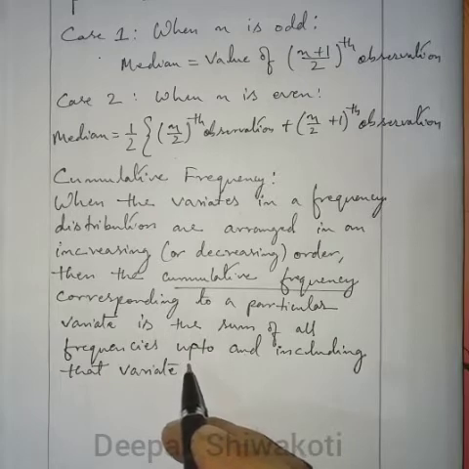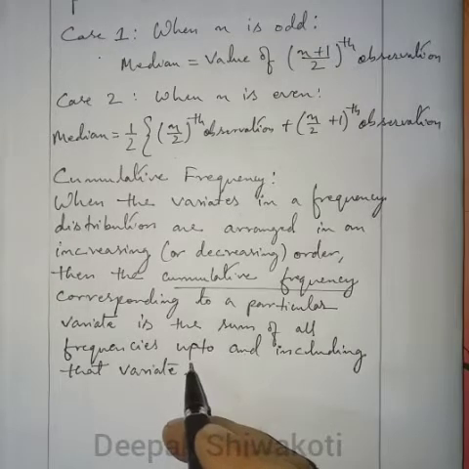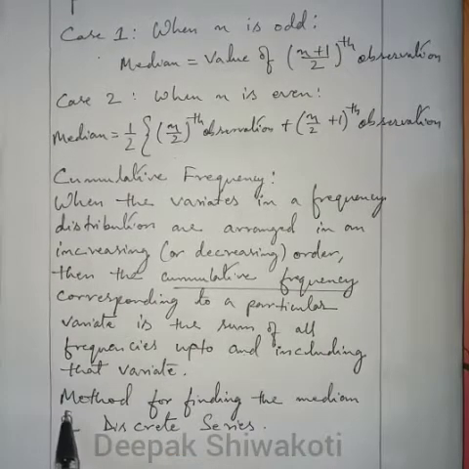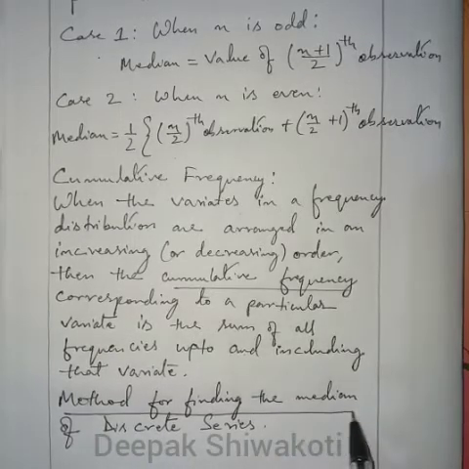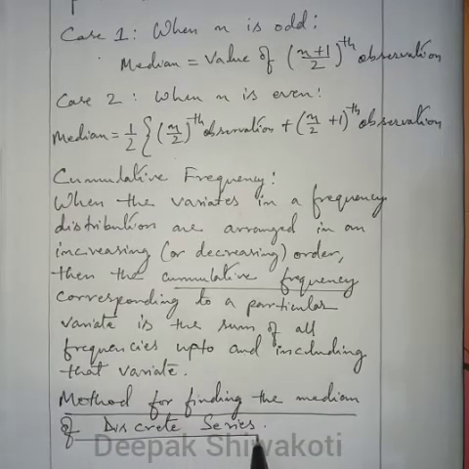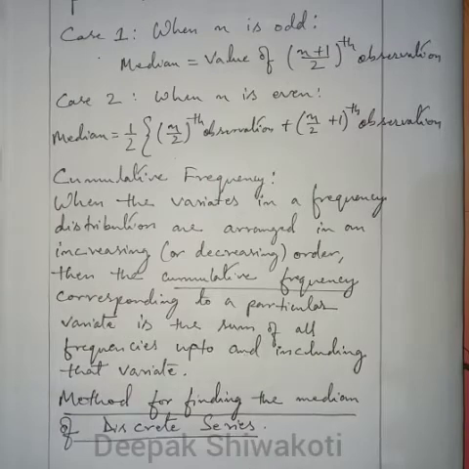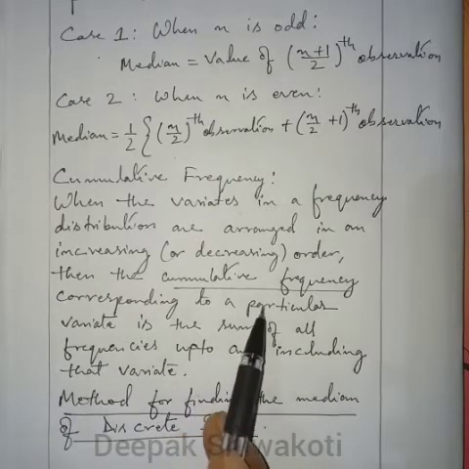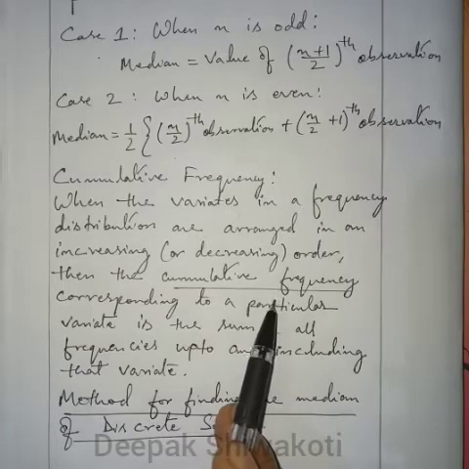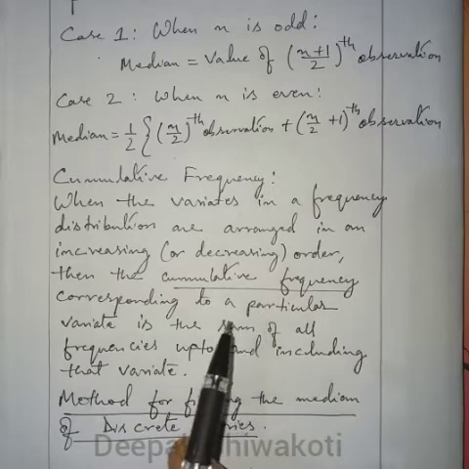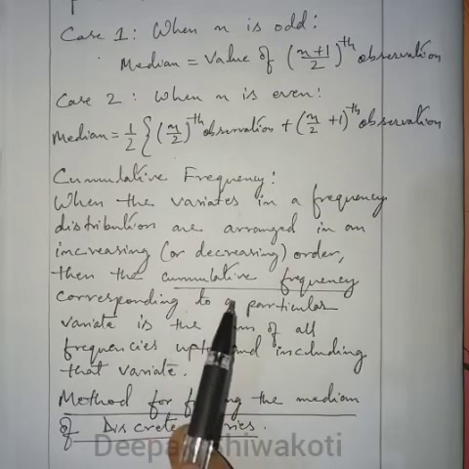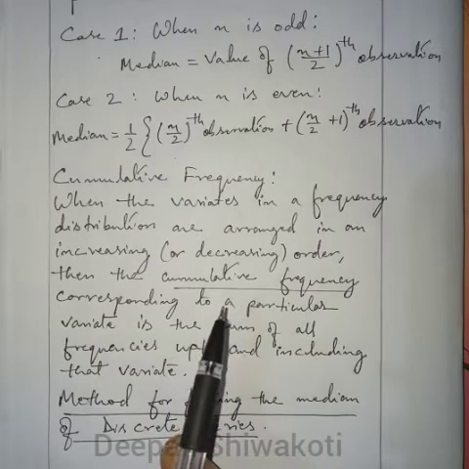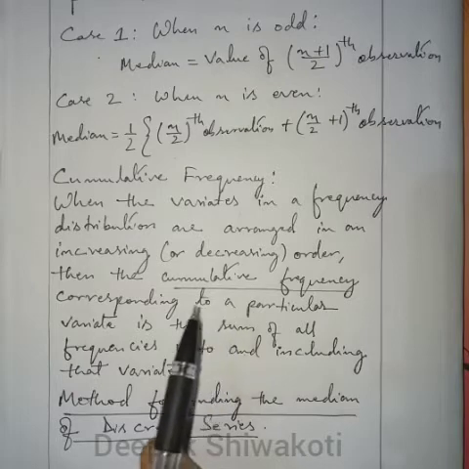Now next is how to find the median of a discrete series. First of all, we calculate the cumulative frequency by arranging the terms in ascending or descending order, then summing all the frequencies up to and including that variable.